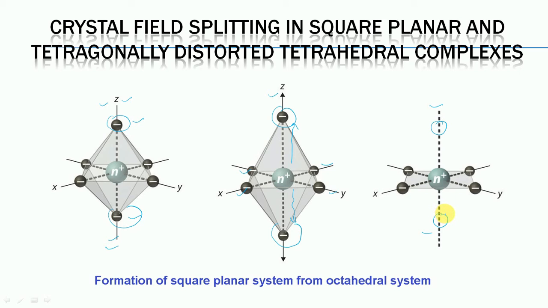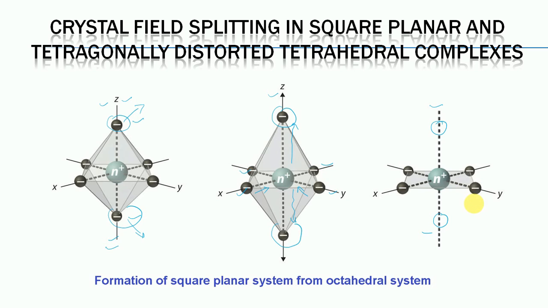Thus, the d orbitals in the xy plane start experiencing greater repulsion from the ligands than in the octahedral structure. So as these two ligands have been removed, the ligands on the xy plane become closer toward the central metal ion, and due to this, the orbitals along these two axes start experiencing greater repulsion.